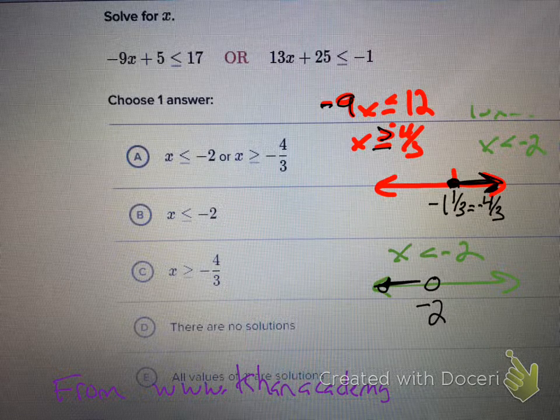In this next example, I have two inequalities, and they are also joined with the word or again. So remember, this is a disjunction, and we're looking for the union of two solution sets.